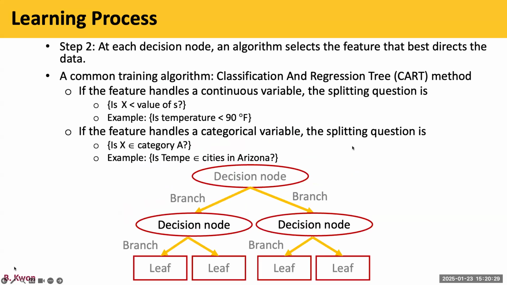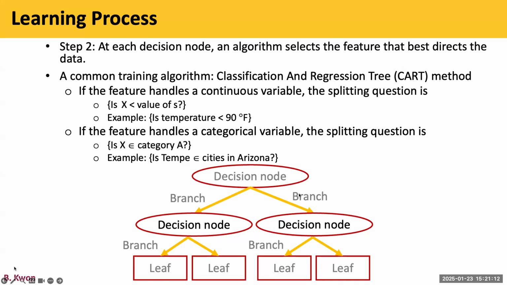For decision tree models, the classification and regression tree method, abbreviated as CART, is commonly used. This method will generate several splitting questions. If the feature is a continuous variable, such as a numeric value, maybe the temperature value of your input, then depending on the value, it will direct your input to a certain branch in the tree.